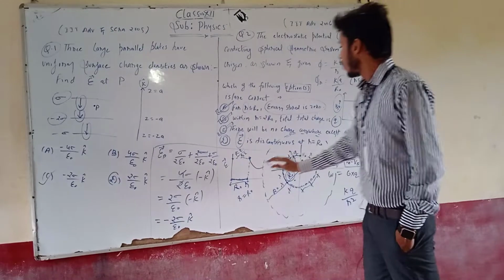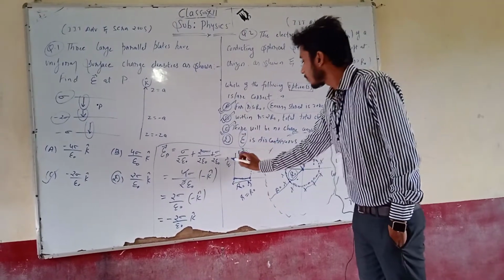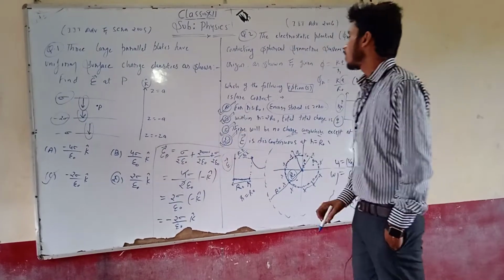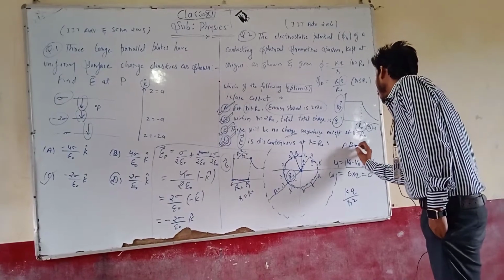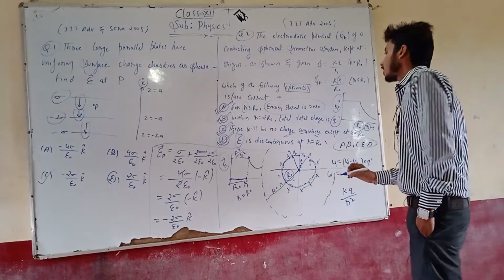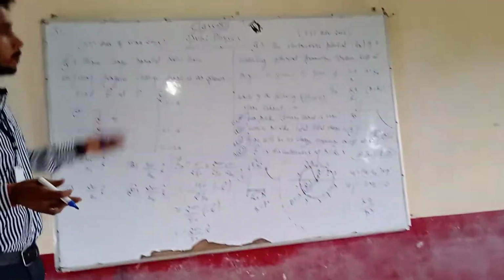We can clearly see from the curve of electric field versus r. So we can see that option D is also a right option. So in this particular question we have seen that all options A, B, C and D are the correct options, right? So this was all about both these questions. Thank you.